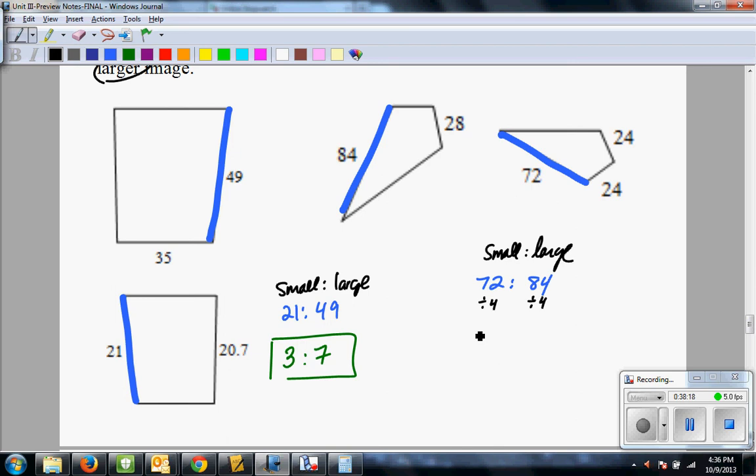Four goes in there once, as this is 18, and 4 goes in there 21 times. And we see that they're both still divisible by 3, and we get 6 to 7. So our scale factor here was 6 to 7.